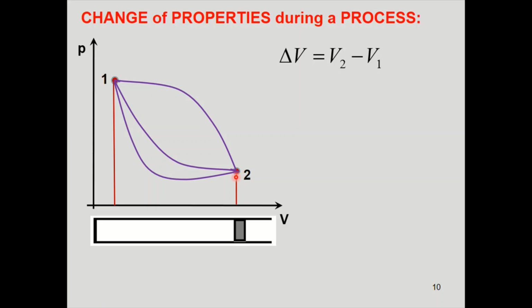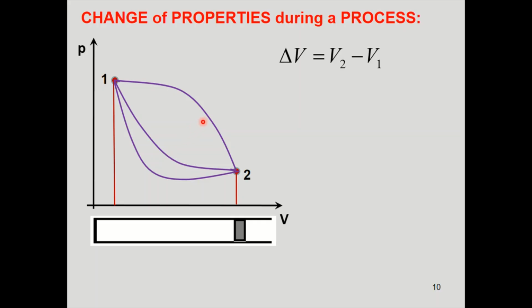Since the moment piston is here, volume is definitely this amount, and when piston is here, volume is definitely this much. So if initial point and final point are fixed, the change in properties for the process doesn't depend on the path followed.